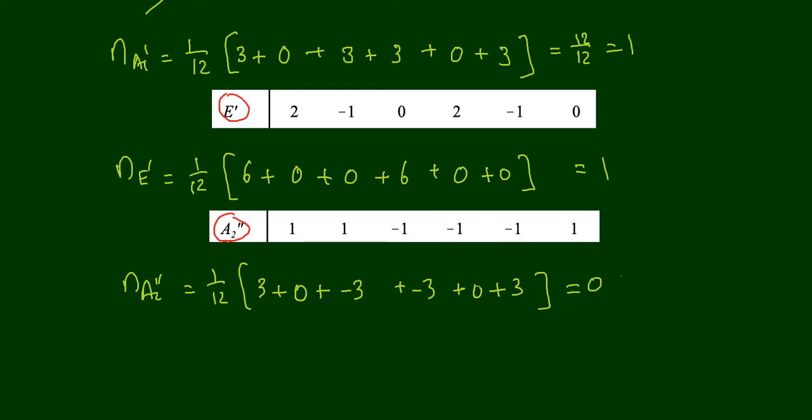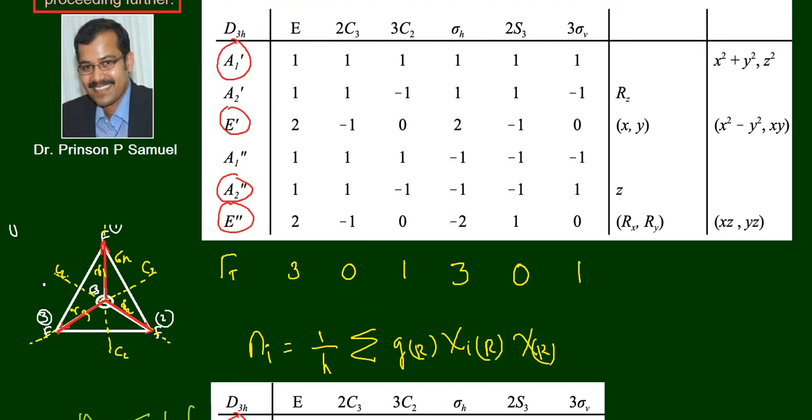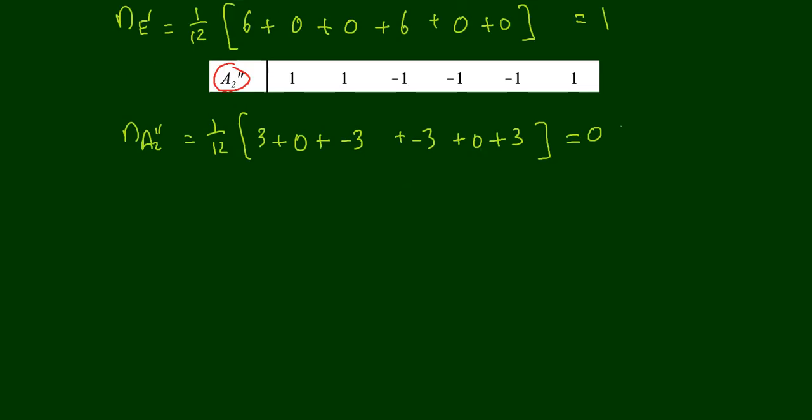Now I am going to calculate for the last one, that is E double dash. So let me put this E double dash down there, and I will calculate for E double dash also.